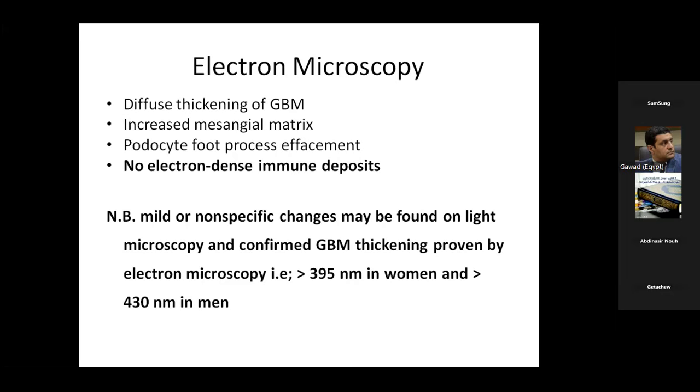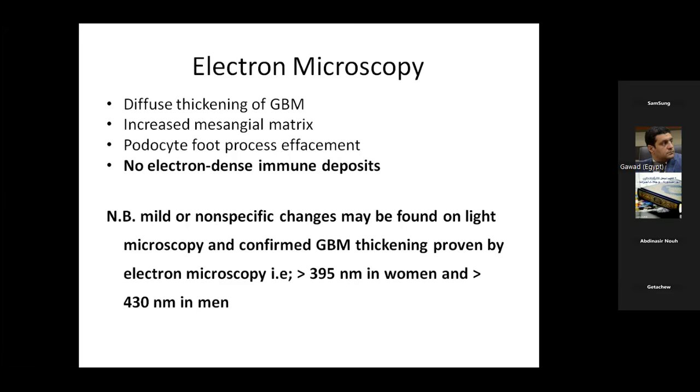But what emphasizes that this is a non-immune complex mediated disorder is that there are no electron dense deposits under electron microscope. As we have said, it's just an IgG entrapment that will appear with immunofluorescence, not with immunohistochemistry, the technique of work of the immunostainings.